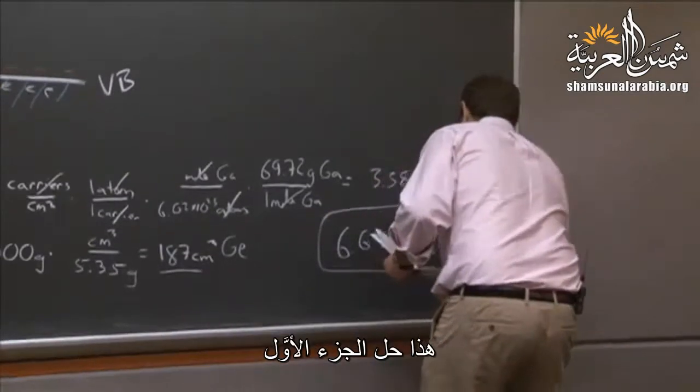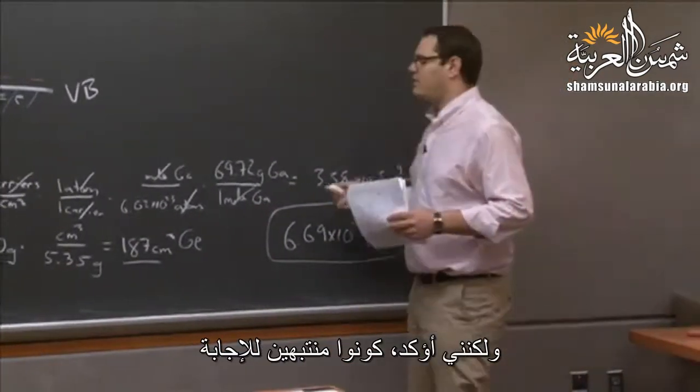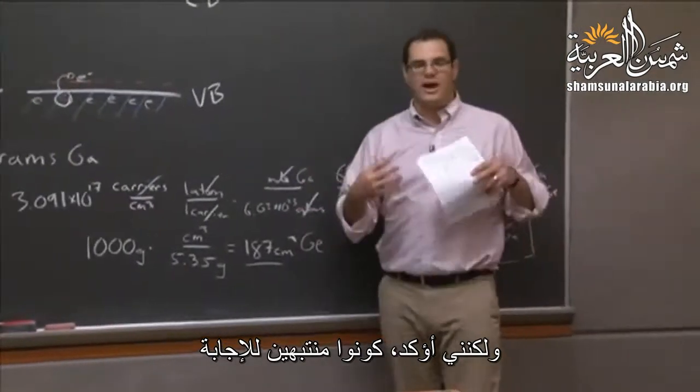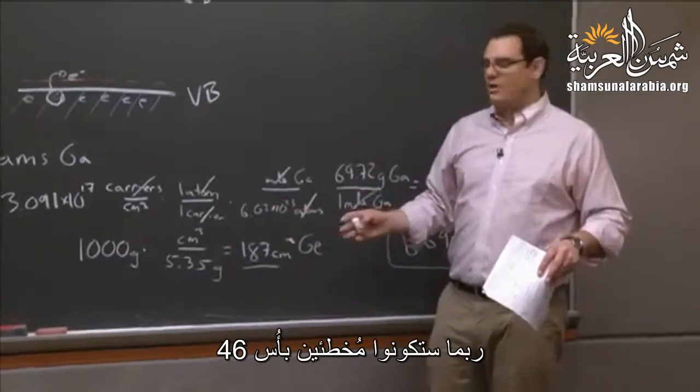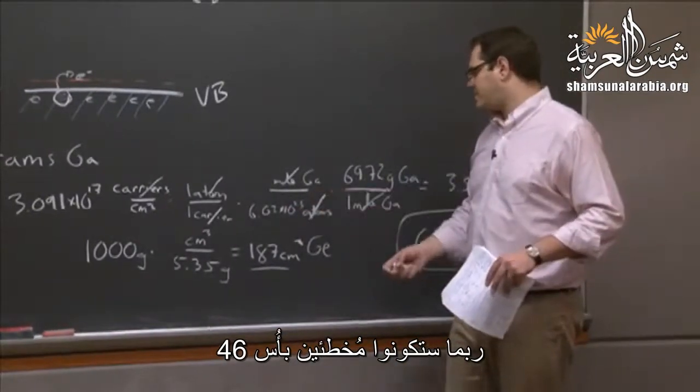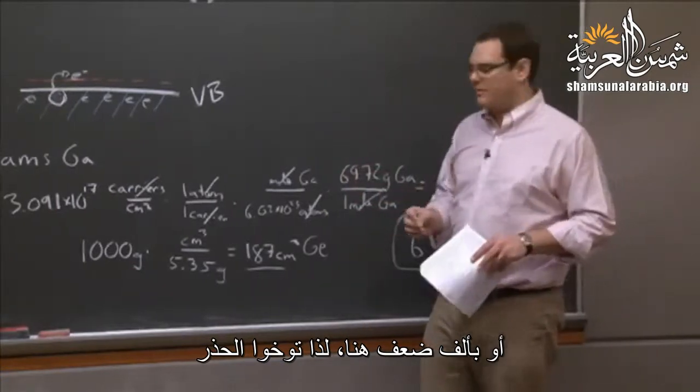So that's part A, just dimensional analysis and stoichiometry. But I stress, be careful. I pause to make sure these are correct, because if you get this wrong, the whole problem's wrong. You're off by orders of 1,000 here. So just be careful.